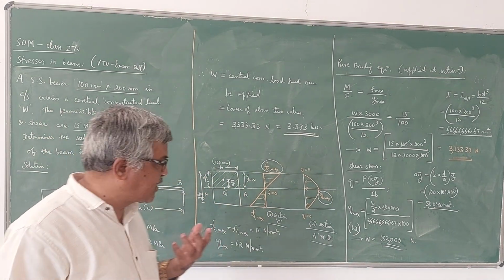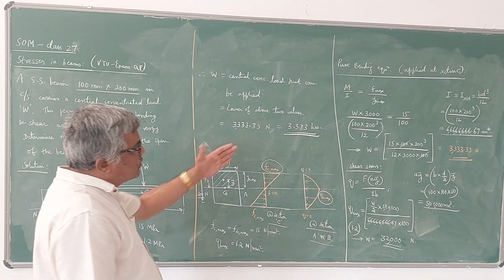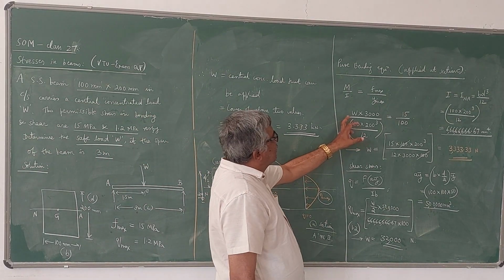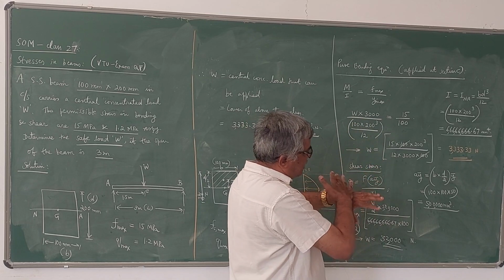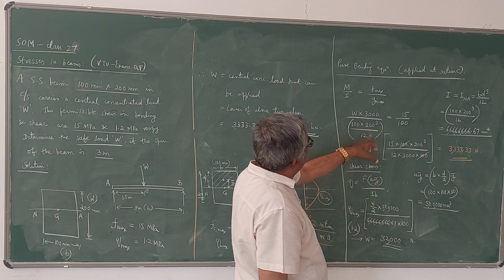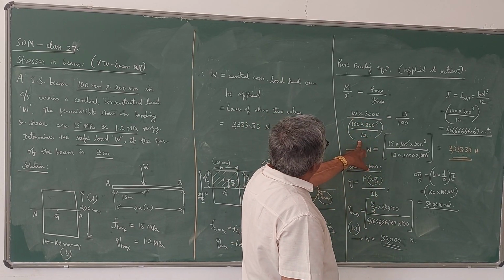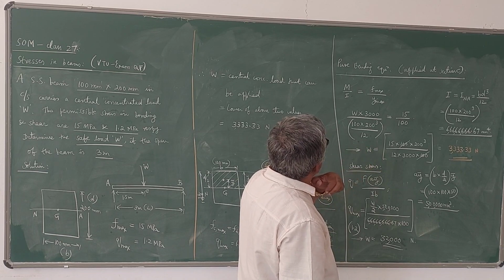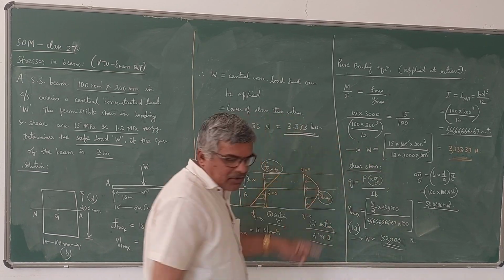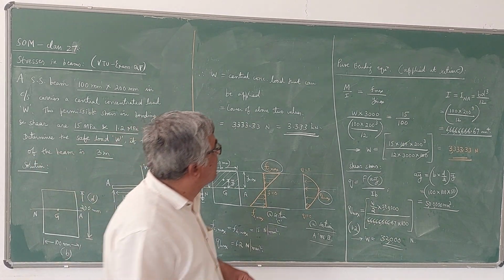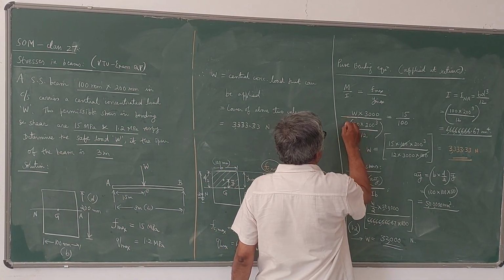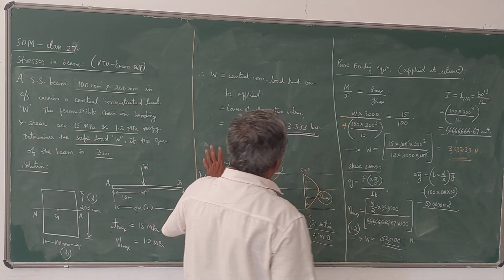WL square by 8 is the maximum value of bending moment, and using the same procedure you will be getting W. Oh, sorry, I have not put 4 here. Yes, 4 should come here, WL by 4.